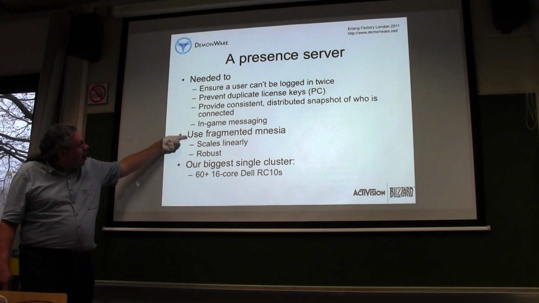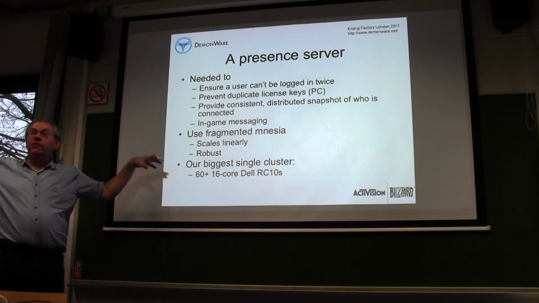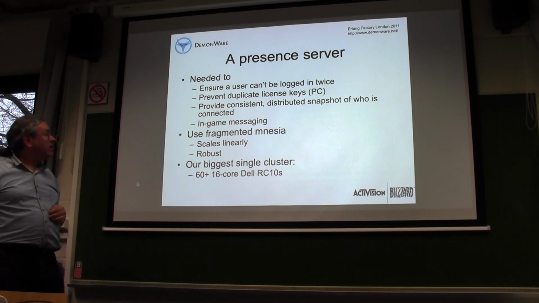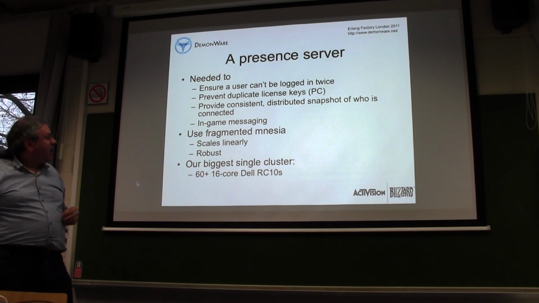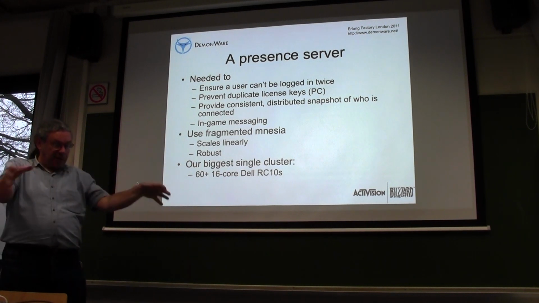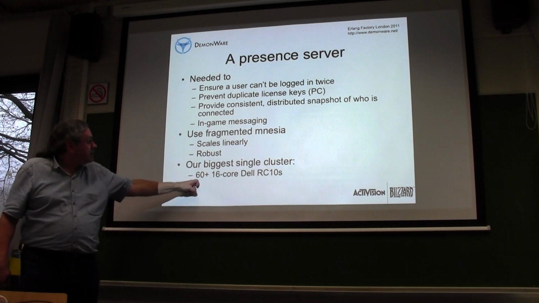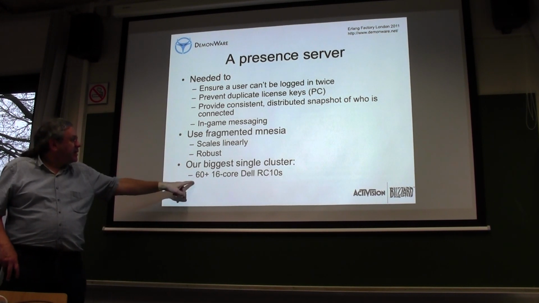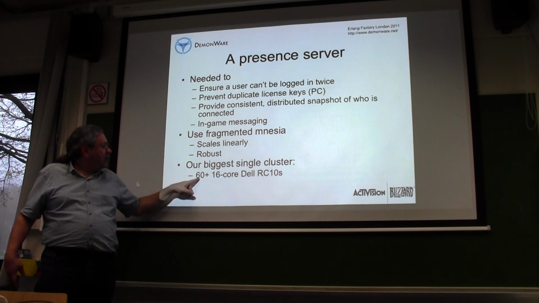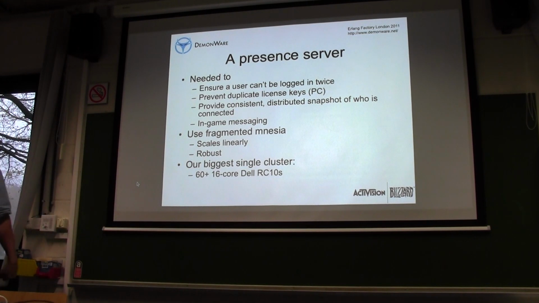This is using an Erlang library called fragmented Mnesia, where the Mnesia is existing on multiple nodes. So this one actually scales very nicely and robust. And so they have clusters, which are collections of computing nodes that are tightly coupled. So their biggest cluster was 16-core Dells, more than 60 of them. This thing has more than 1,000 cores. Okay, that's pretty big.